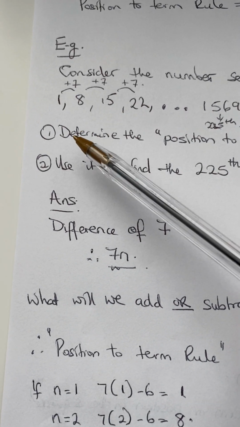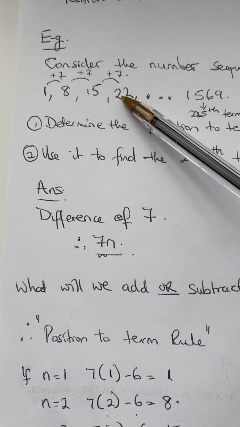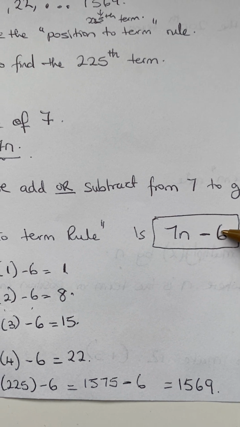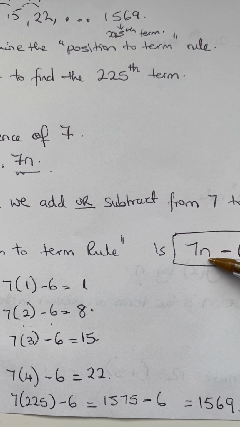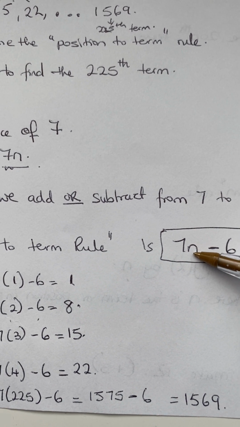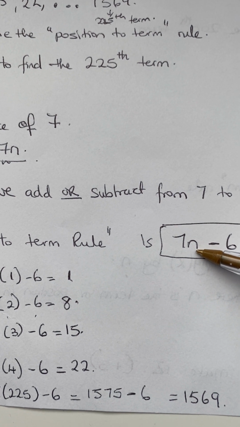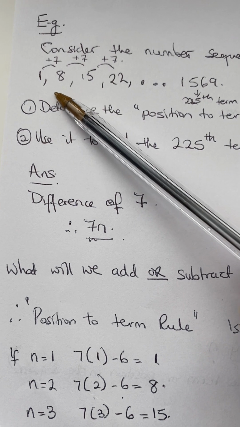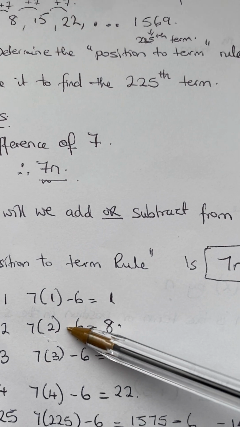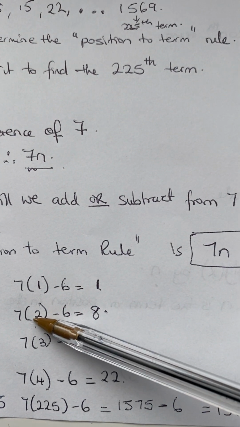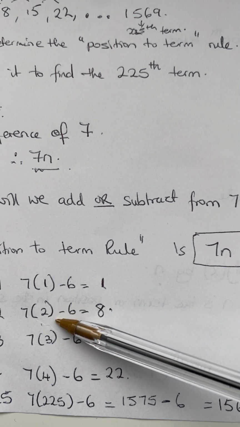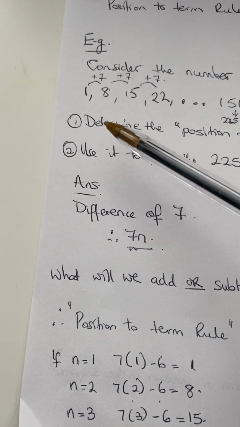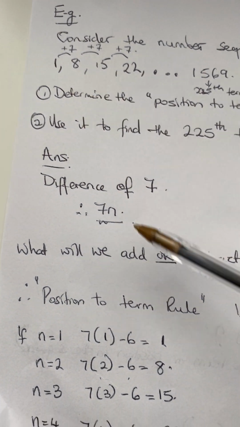We need to find out if it applies to the other terms. So 7n minus 6. When n is 1, 7n is 7, minus 6 is 1. When n is 2, 7 times 2 is 14, minus 6 is 8. That will be my second term.